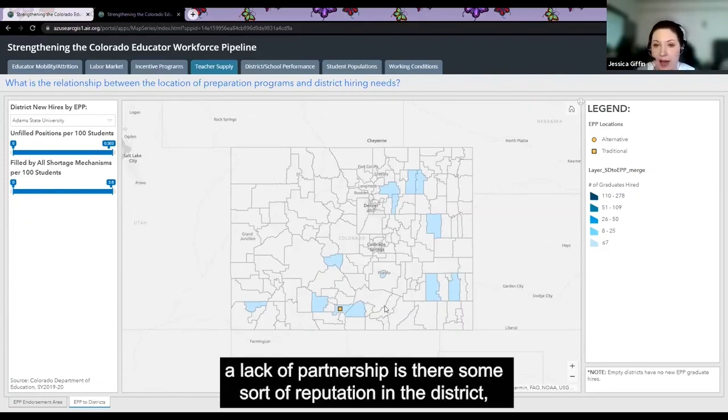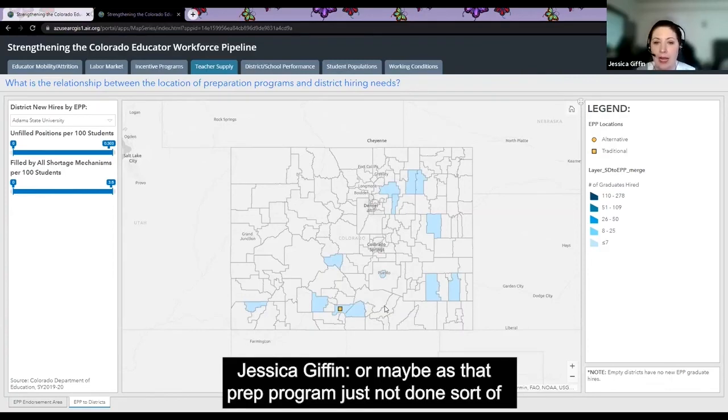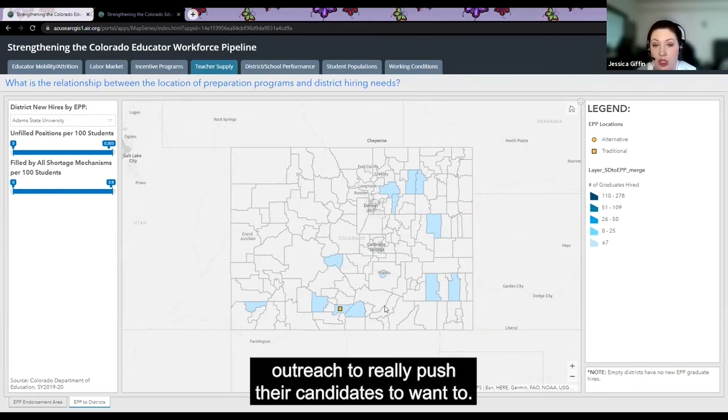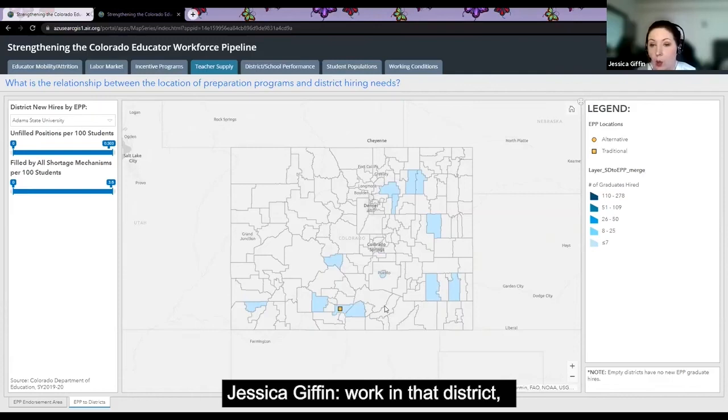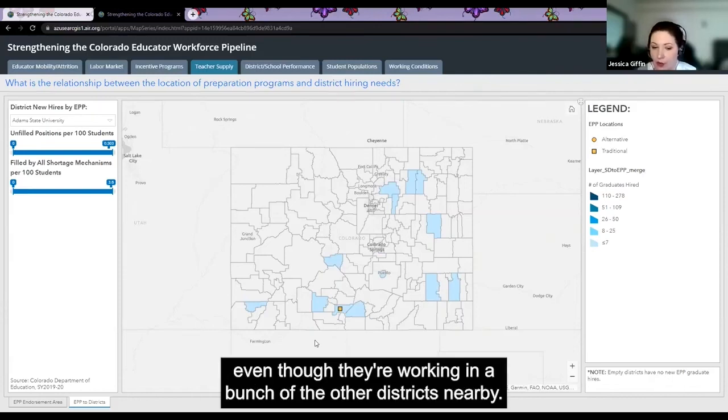Is it because there's a lack of partnership? Is there some sort of reputation in the district? Or maybe that prep program just has not done outreach to really push their candidates to want to work in that district, even though they're working in a bunch of the other districts nearby.